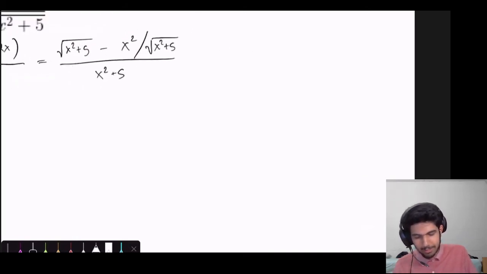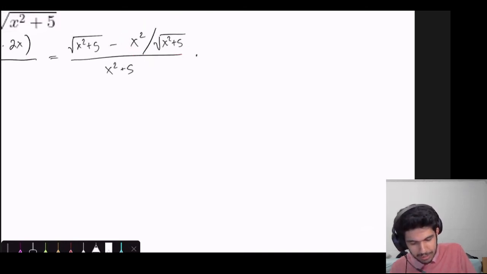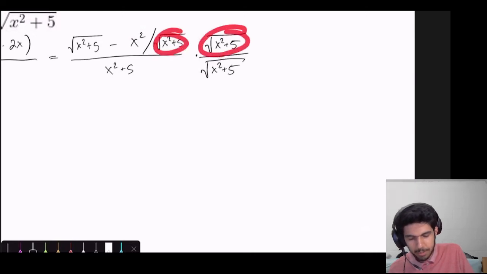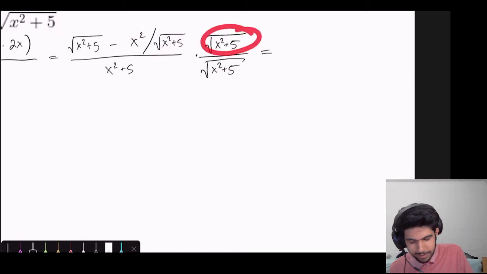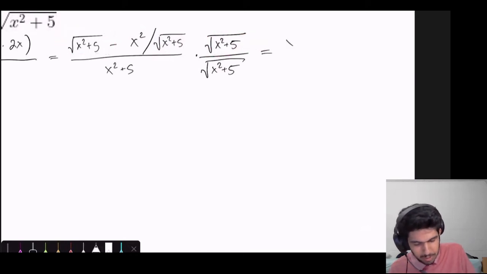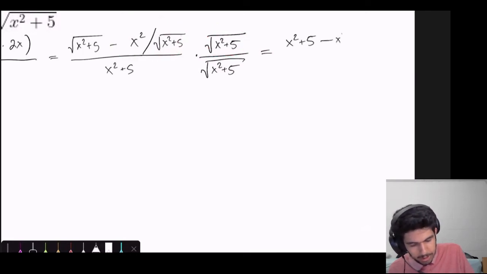To get this term to look a little bit nicer, we're going to multiply the entire thing by a form of 1. So that way this cancels with the denominator of this. So we see that this times that is simply x squared plus 5. And then this times this is minus x squared.